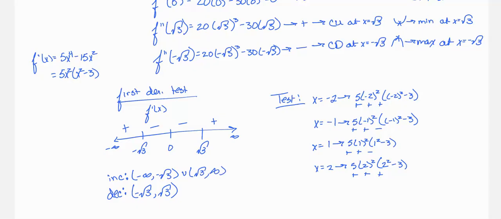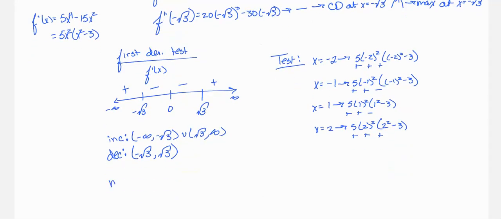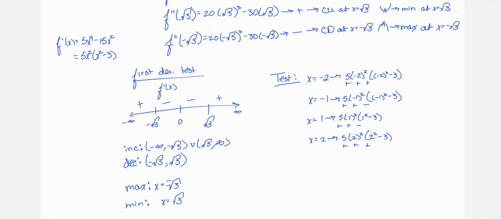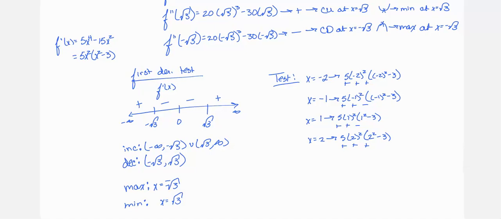So what's happening? We have a maximum at x equals negative square root of 3, and a minimum at x equals positive square root of 3. And that's what we said with that second derivative test earlier.